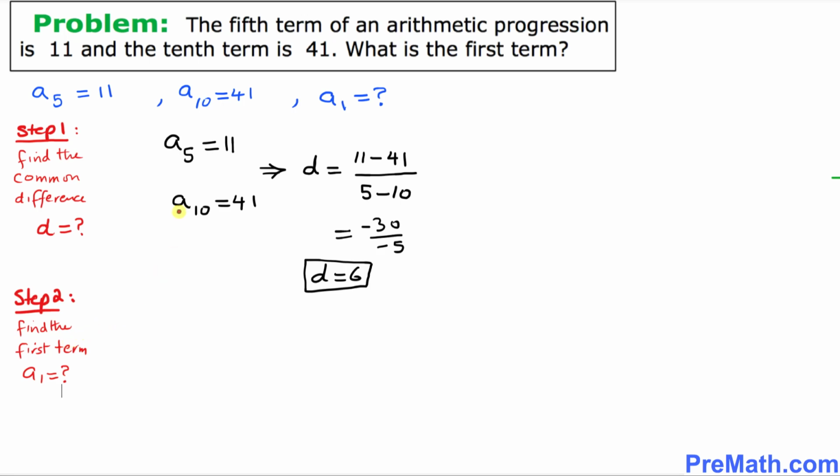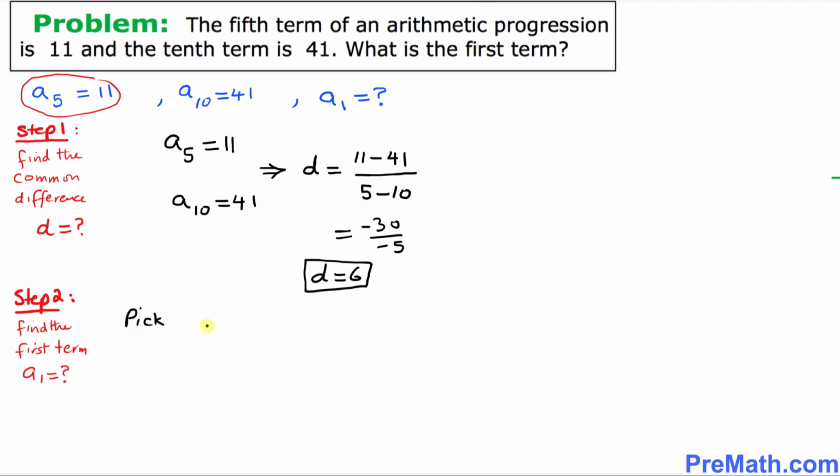To find a of 1, the very first thing we are going to do is, we have these two things been given to us, a of 5 equal to 11 and a of 10 equal to 41. We want to pick the easy point. So the easy number is this one. I am going to say pick a of 5 equal to 11.